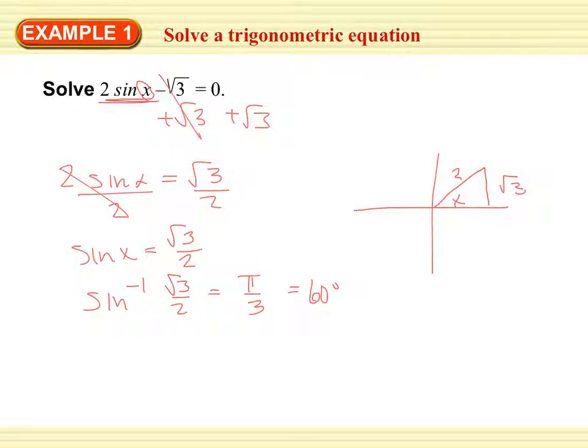But we do have other answers. I can get square root of 3 over 2 over here also, because sine is positive at that point. And that measurement goes from here to there, so it's really 180 minus 60, which is 120 degrees.